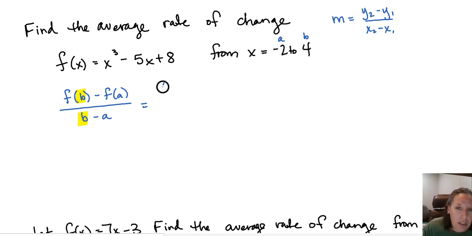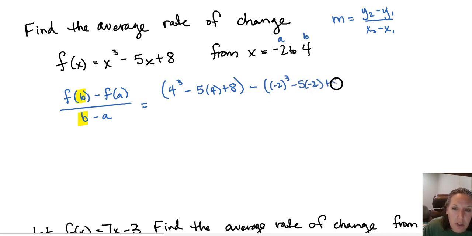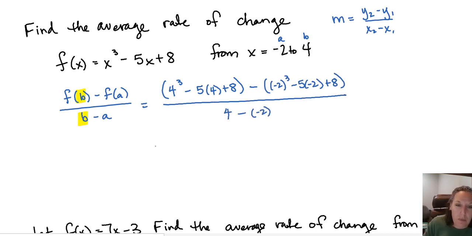So f of b is going to be, if we plug in a 4 there, 4 cubed minus 5 times 4 plus 8, all of that is our f of b, minus, plugging in the -2, we get -2 cubed minus 5 times -2 plus 8, all over 4 minus a -2.